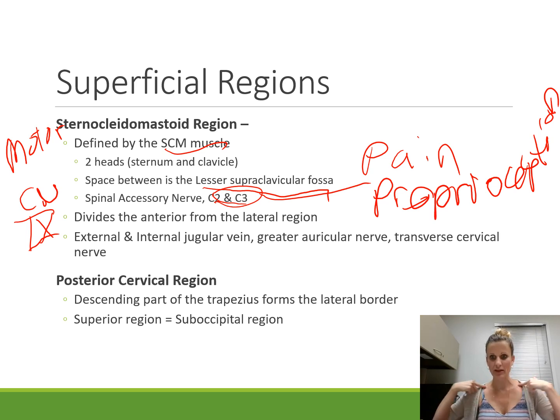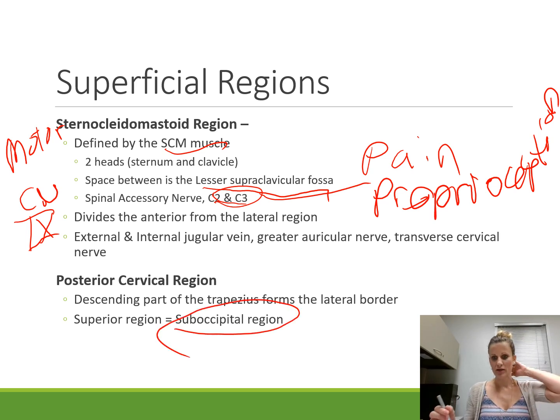Okay, so from the lateral border of the trapezius back to the midline of the body is the posterior cervical region. The very superior part of the posterior region is referred to as the suboccipital region, right? Which makes sense, underneath the occipital bone.